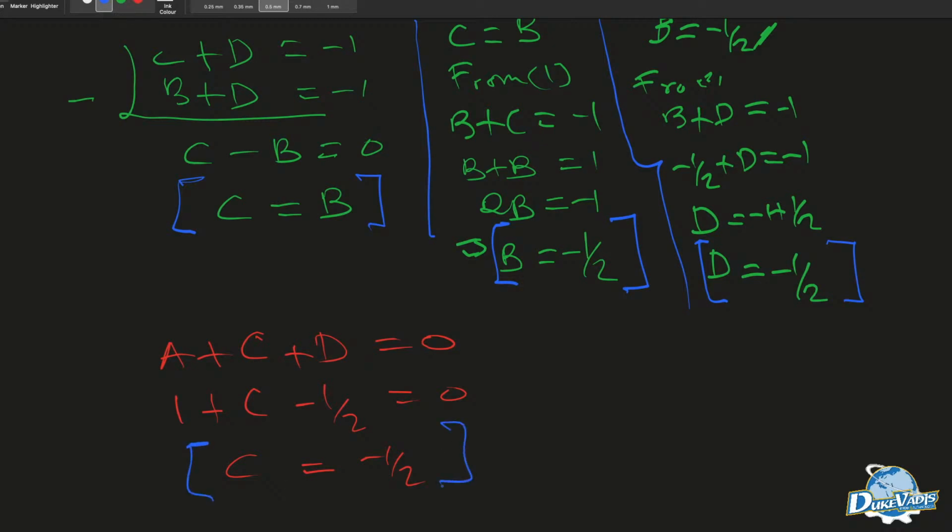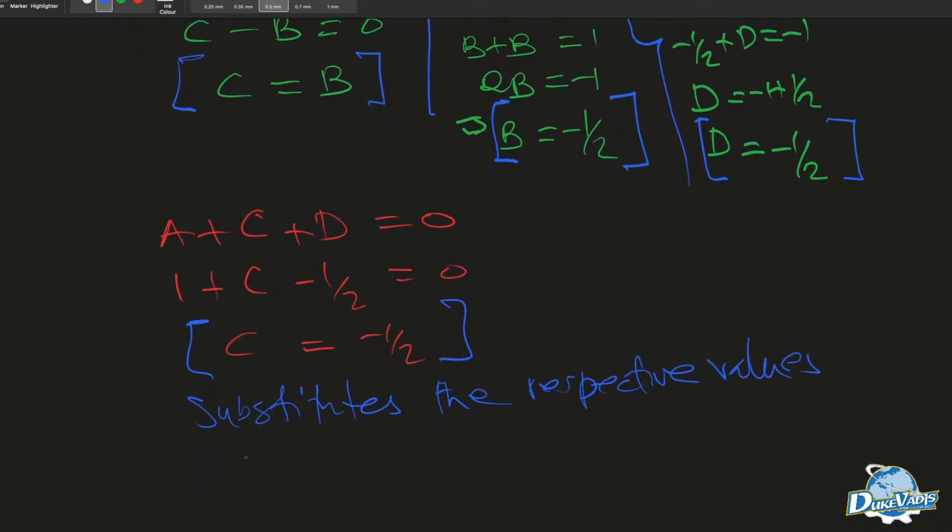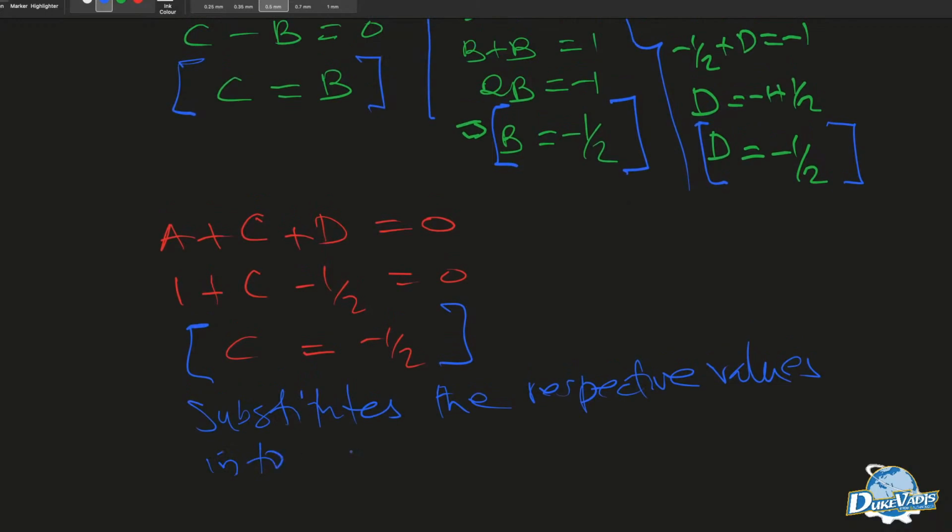Okay, so now we got to substitute the respective values into our partial fraction.